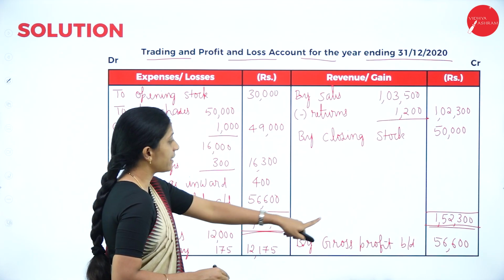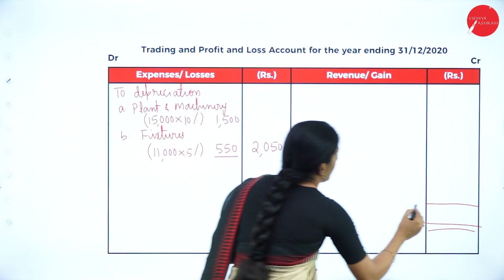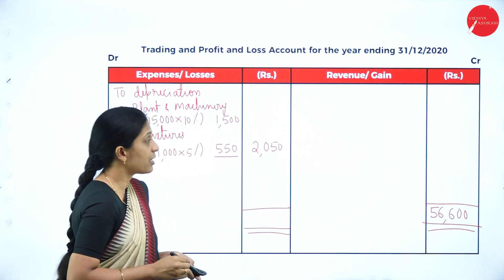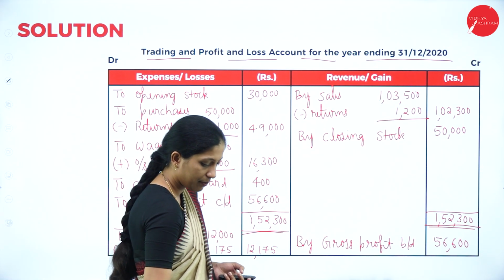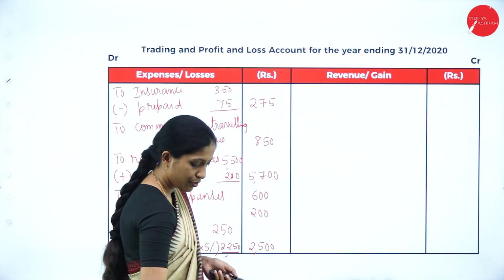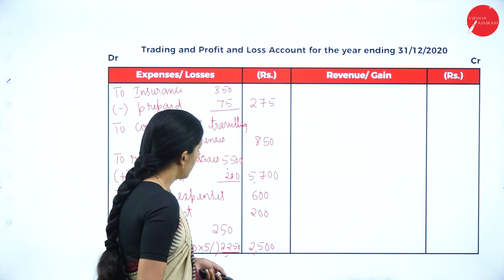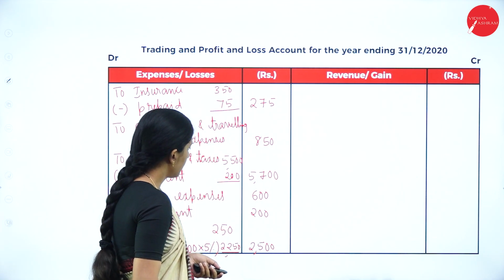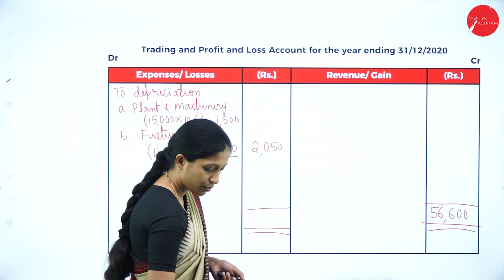Now see the credit side. The credit side total is 56,600. You have to minus all the debit side: 56,600 minus 12,175 minus 275 minus 850 minus 5,700 minus 600 minus 200 minus 2,500 minus 2,050.